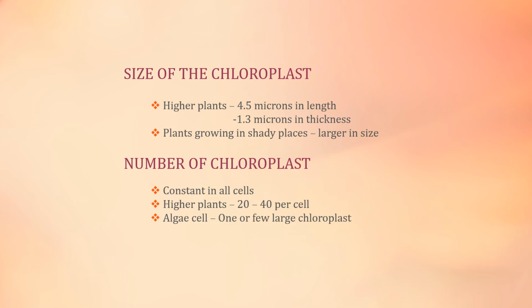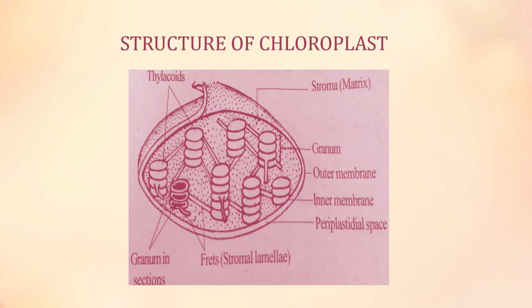Number of chloroplasts. The number of chloroplasts varies from plant to plant, but it remains constant in all cells of a plant. In higher plants, there are 20 to 40 chloroplasts per cell. The algal cell contains one or a few large chloroplasts.